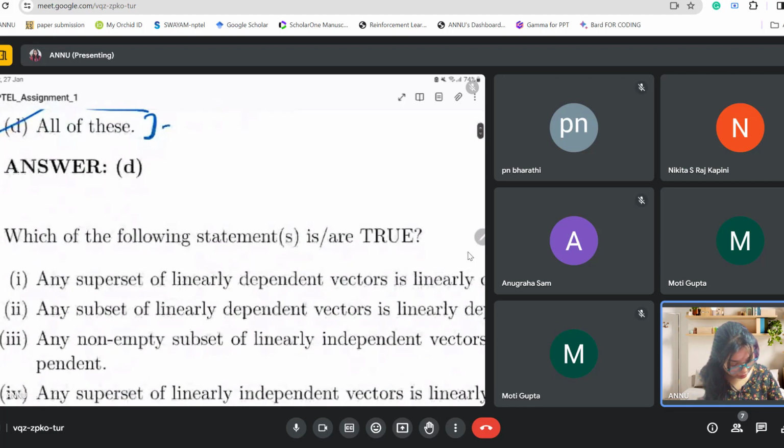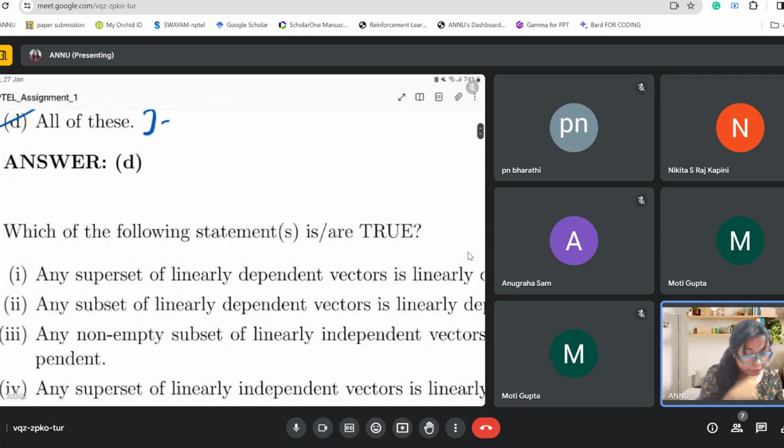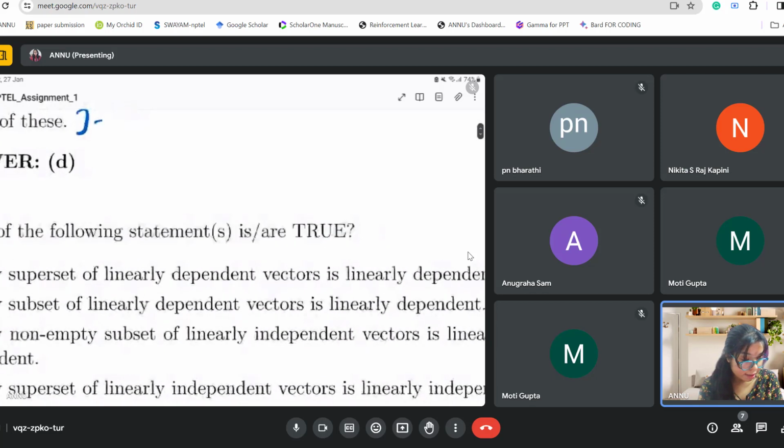Okay. Which of the following statements are true? Tell me the answer in the chat box. The first option is: any superset of linearly dependent vectors is linearly dependent.